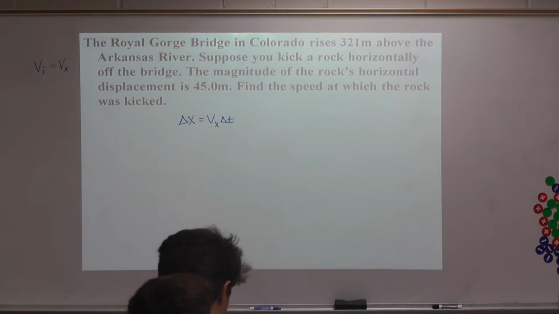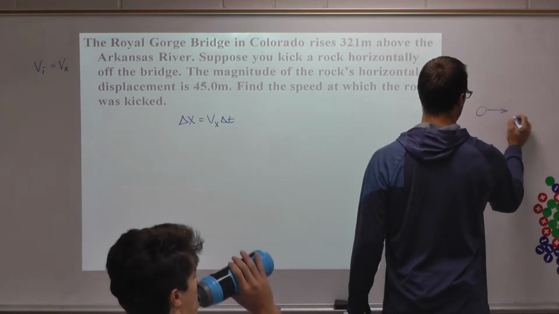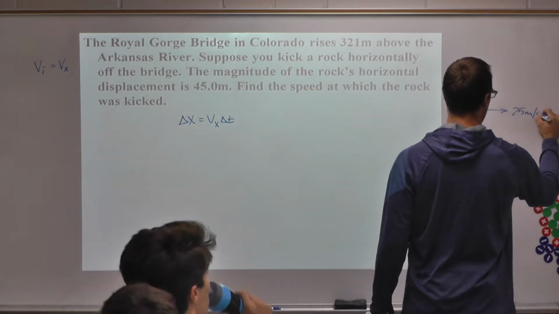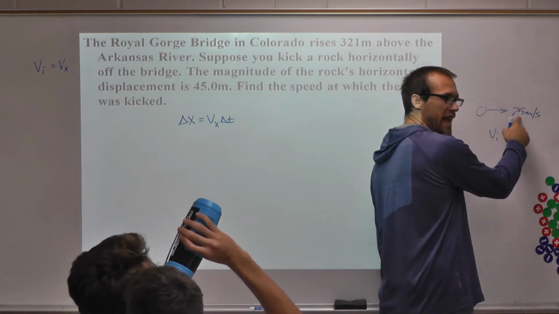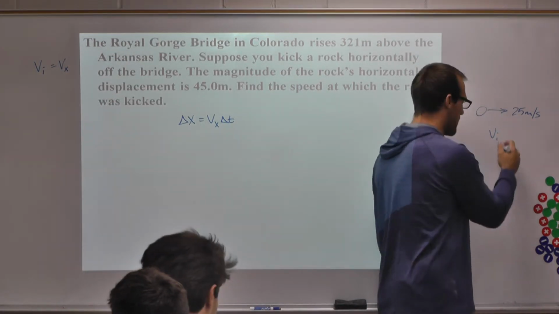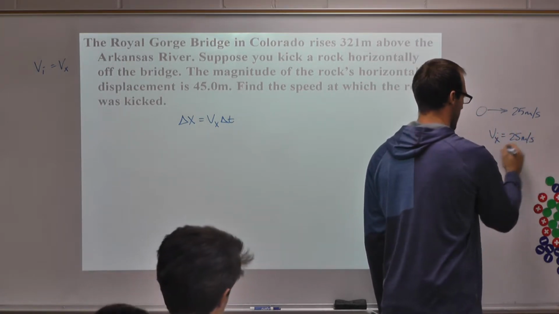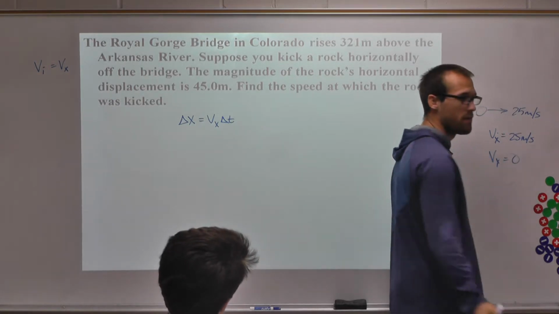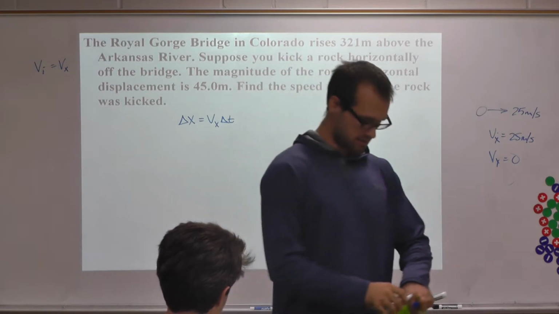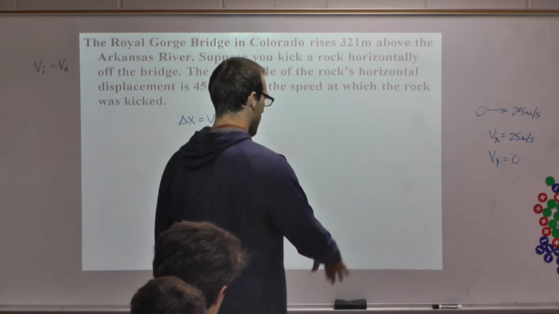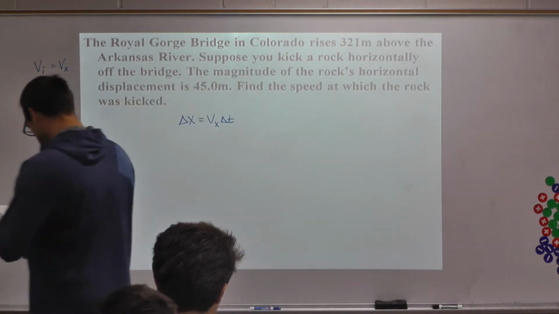So if I shoot a ball straight horizontally at 25 meters per second, Vx would be 25, and your Vy would be 0, because there's no vertical velocity when you shoot it straight horizontally. A couple other equations.